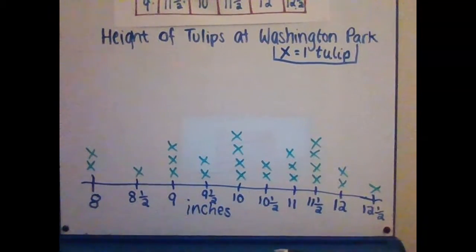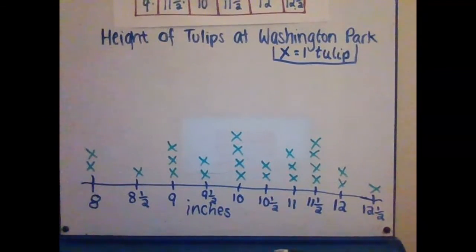For this next one, you're going to pause the video. Once you think you've figured out an answer, you can replay the video and see if you get the same as me. I want to know how many tulips are 9 inches or less. Go ahead, pause the video. Replay the video when you have an answer.